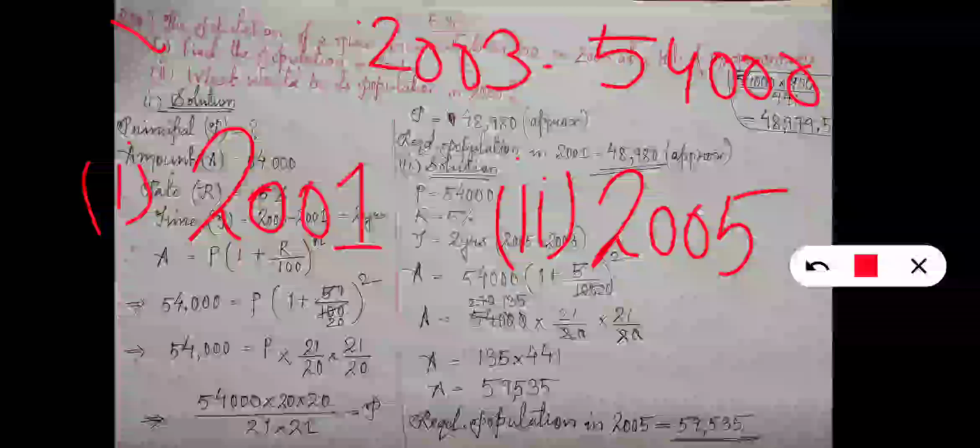Now listen very carefully. Let's compare this population with the amount invested in a bank at compound interest. Like if I say now it's 2020, isn't it? If I invest some amount in 2020 in the bank, it is my principal. Whatever amount in 2020 I will invest, that will be my principal.